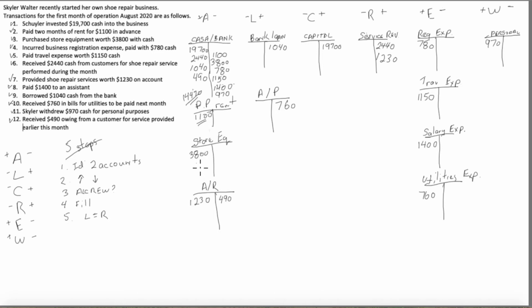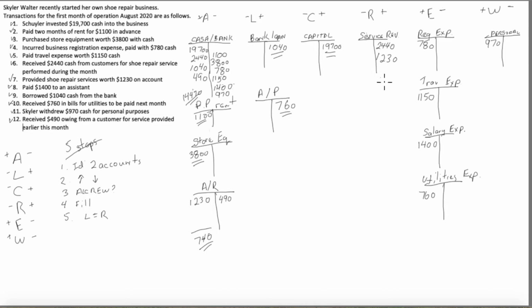Store equipment, $3,800. Accounts receivable, $740. Loan hasn't changed, so that's the total. Accounts payable hasn't changed anymore, so that's it. There's no more capital. That's final.